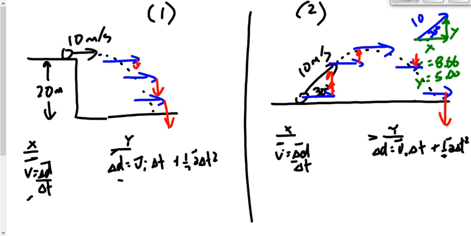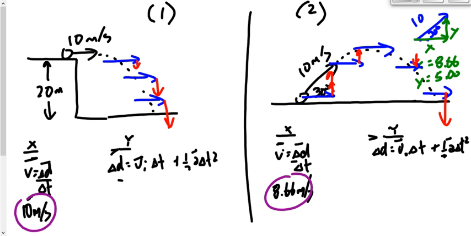They're the same in many ways, but they're different in the sense that the x velocity in the first question is 10 meters per second. The x velocity in the second question isn't 10 meters per second, it's 8.66 meters per second. So the first difference is the number that's given to you versus the number that we have to find by taking an x component, because we got a funny angle.